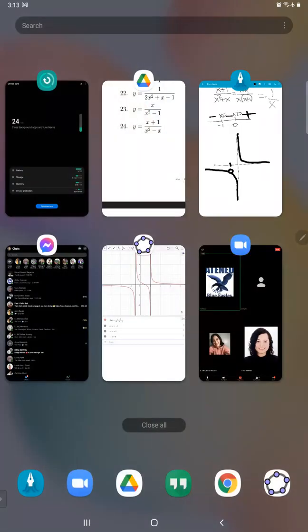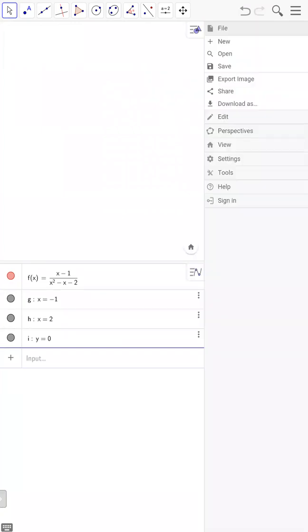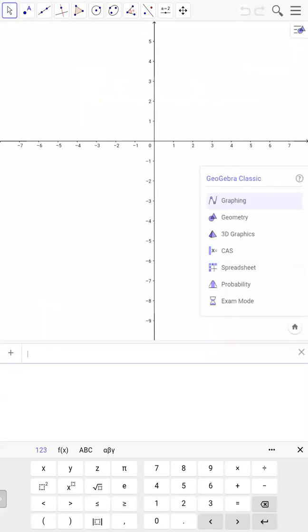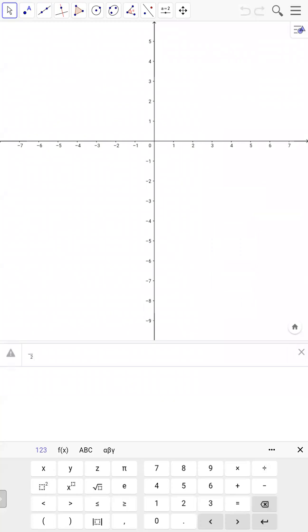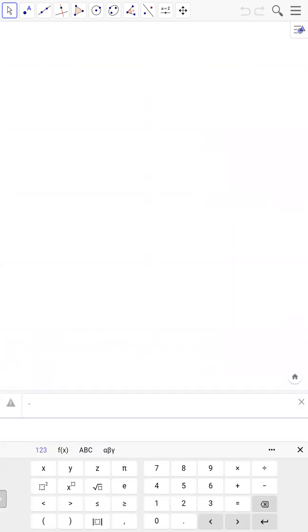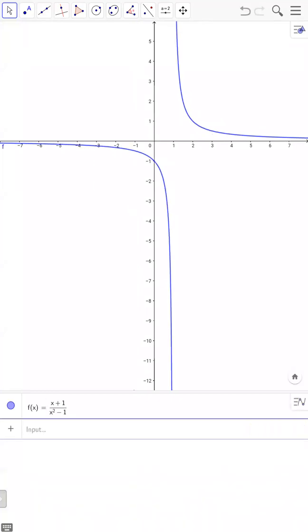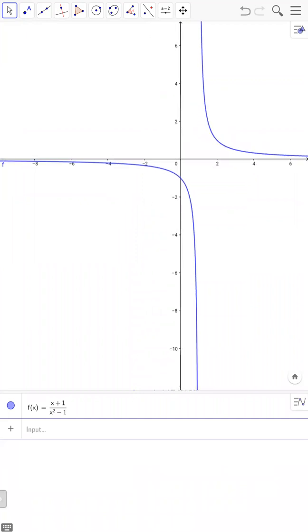Let me show using GeoGebra. So let me type in, okay, did not show.